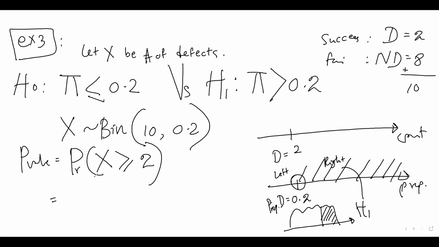As long as you know the distribution of this, you know how to write the probability statement. So what is X? X can take values from 0 to 10. The maximum value X can take is 10. So this is basically the summation. X goes from greater than or equal to 2, meaning 2, 3, 4, 5, 6, 7, 8, 9, 10. 2 to 10.